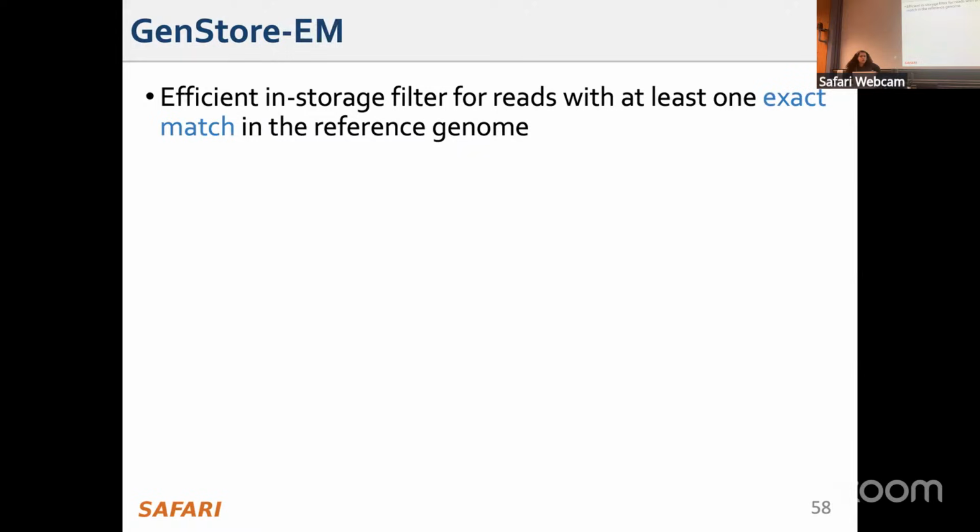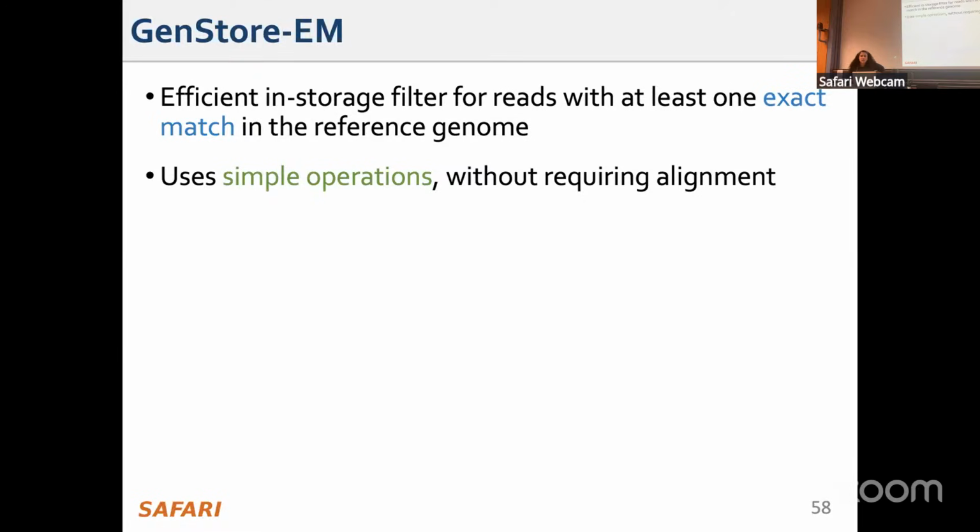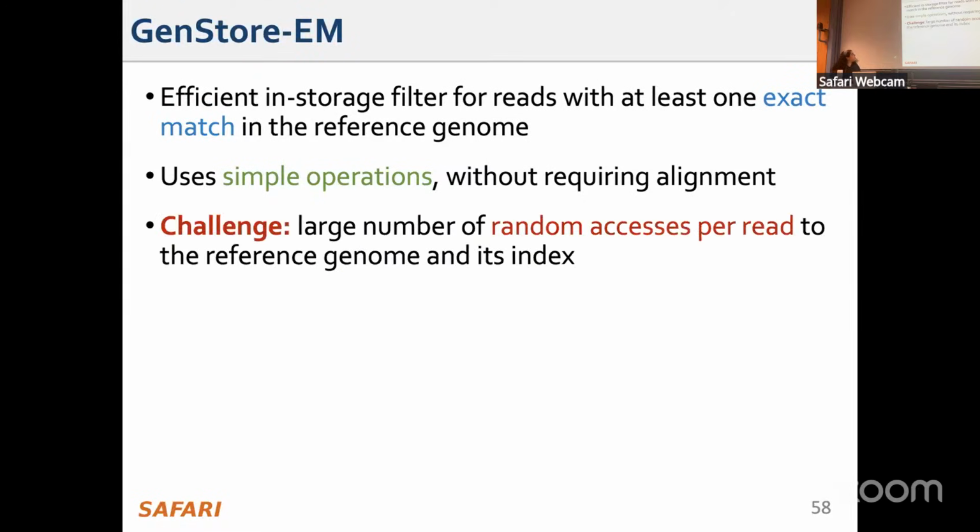GenStore-EM is an efficient in-storage filter for reads with at least one exact match in the reference genome. And it uses very simple operations without requiring alignment. The challenge is that we have a lot of random accesses per read to the reference genome and the index.